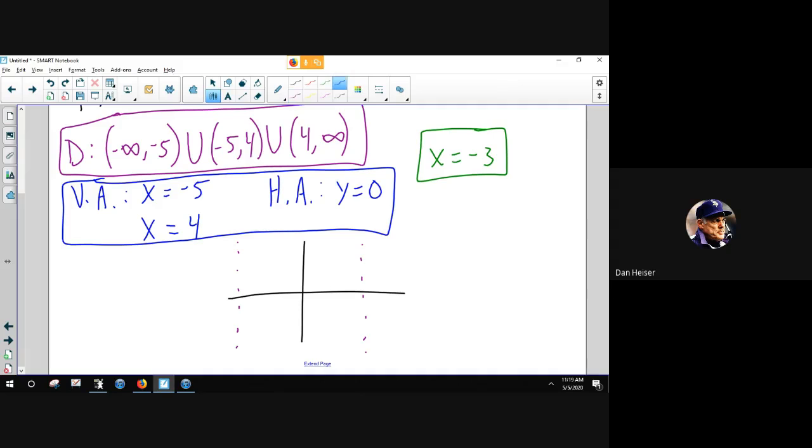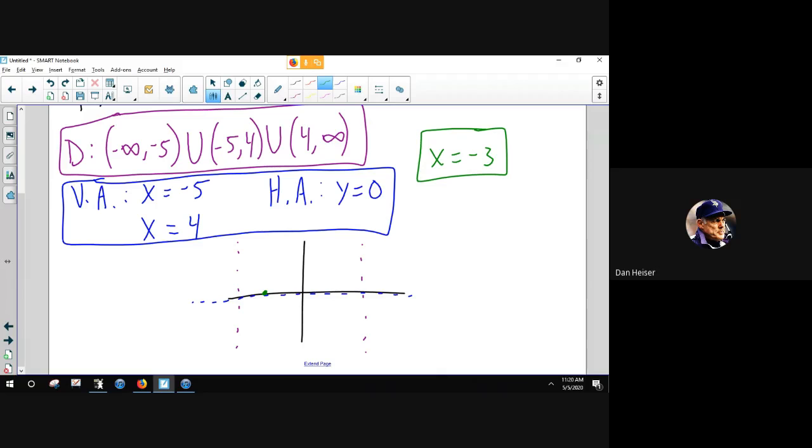Here is y equals 0. We know that in the long run, our function will approach that value. And here is a 0. Here is where our function is going to be crossing the x-axis. And that is the only place.